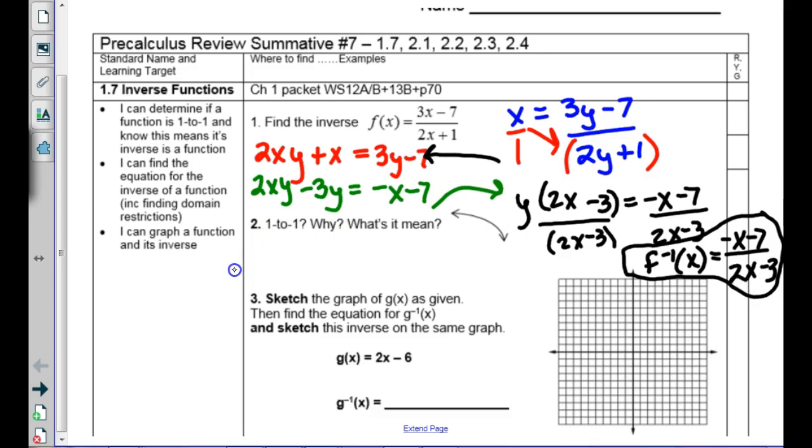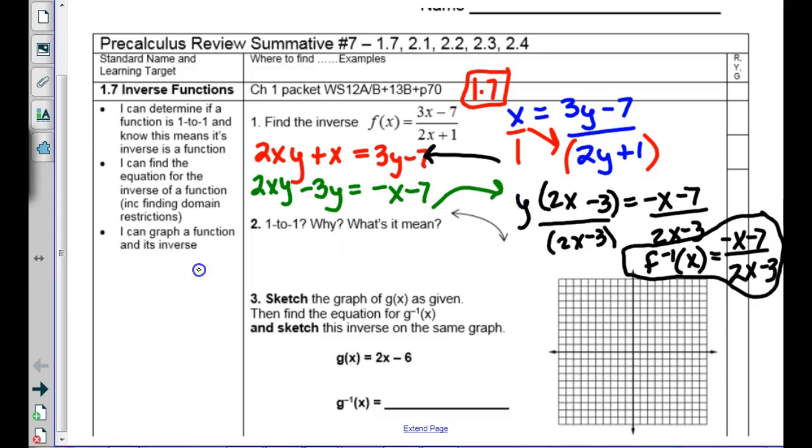If you want more practice on that stuff, in the chapter 1 packet, there's a worksheet 12 that had it on it, and 13b, that's where we did it the first time. There's also remediation in the bucket on 1.7, and on the back of the remediation worksheet, there's a bunch of these kind.